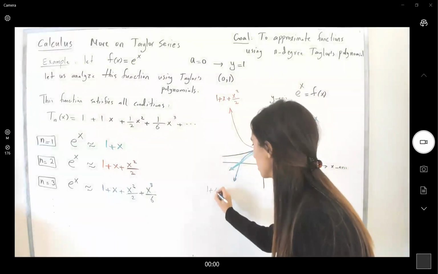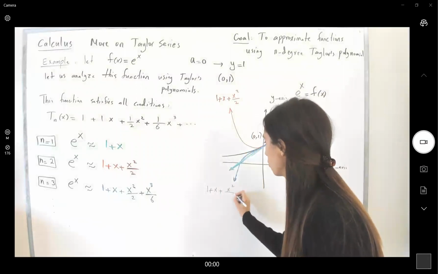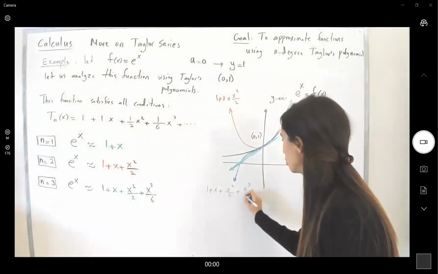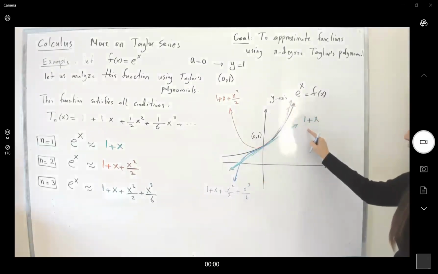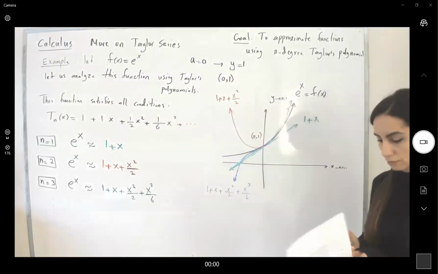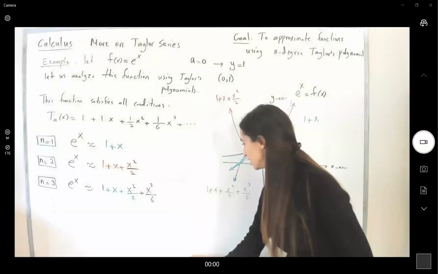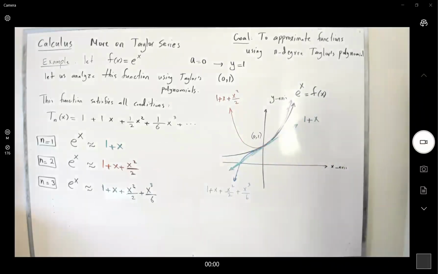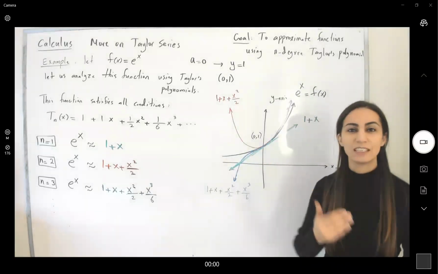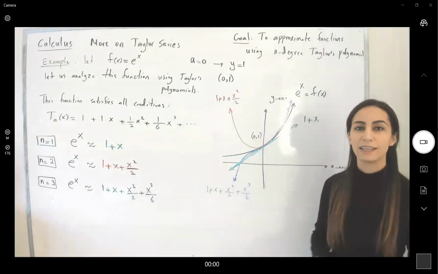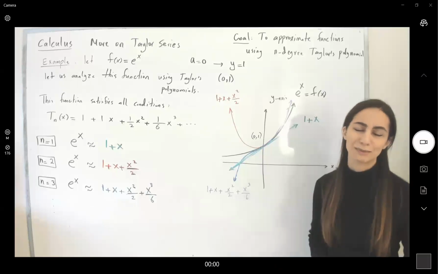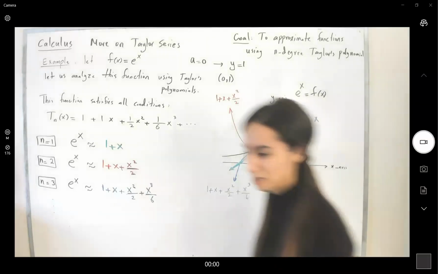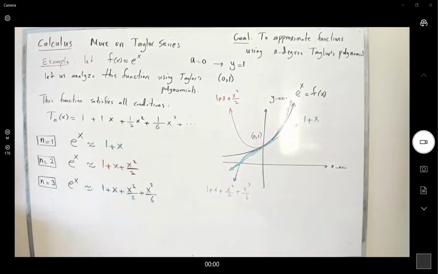So 1 plus x plus x squared over 2 plus x cubed over 6 is better than the line and your quadratic function here. So we're interested in increasing n and getting better polynomials to approximate the function.